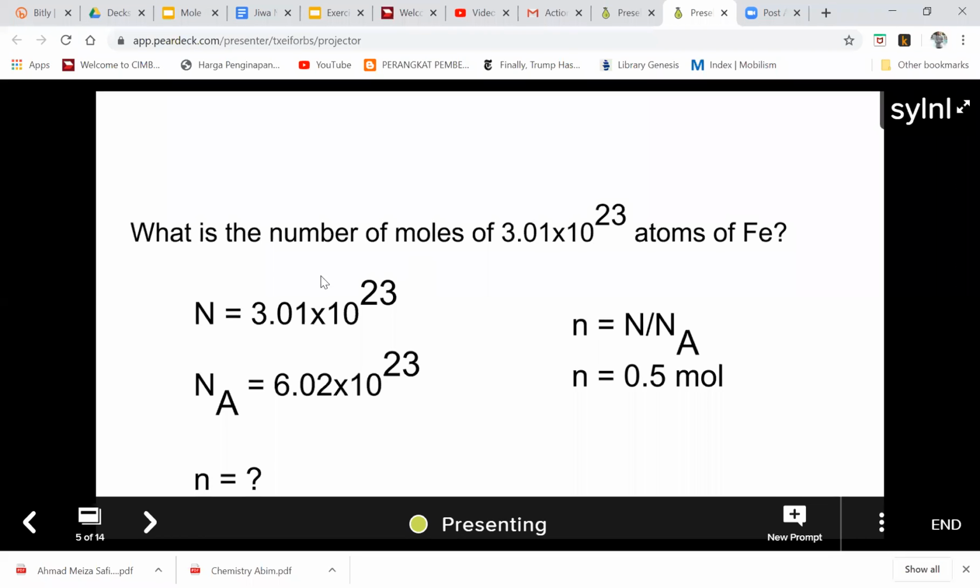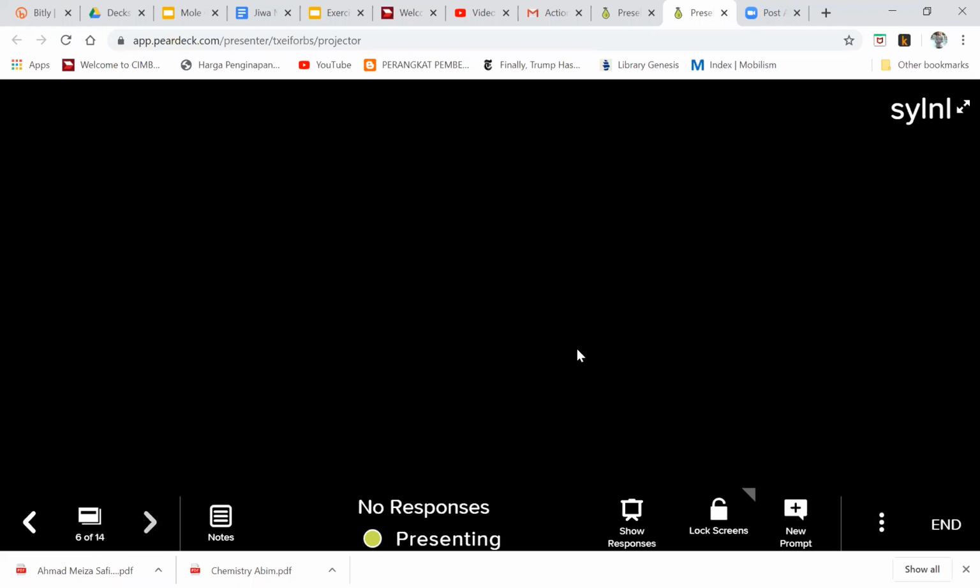So you find the mole by dividing the number of particles, which is given here, by Avogadro's number. When you divide 3.01 times 10 to the power 23 by 6.02 times 10 to the power 23, you will get 0.5 mole. Thank you very much. Another question, please.